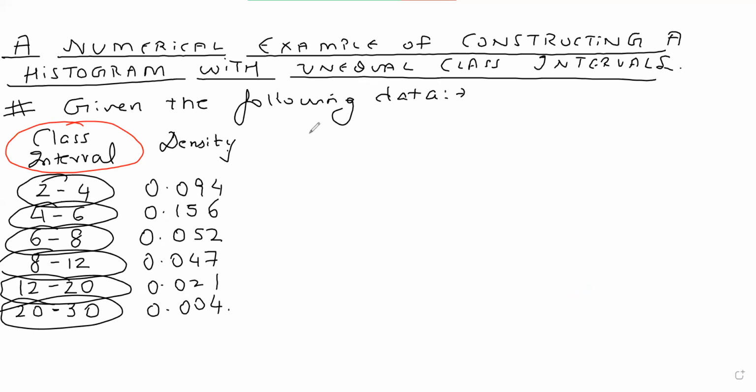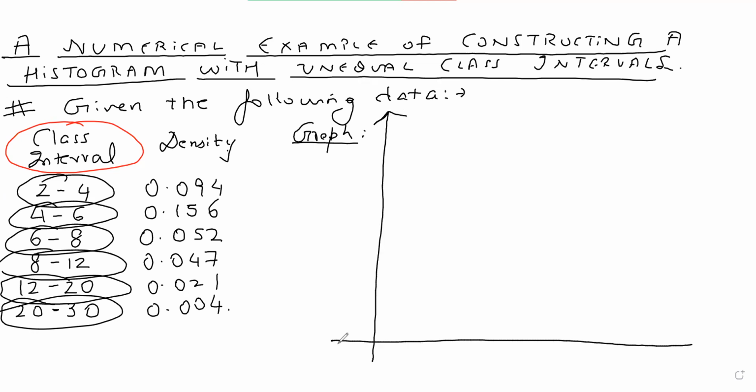So how will the graph look? Let's draw a graph. This is the origin. I have class intervals on the horizontal axis and densities on the vertical axis.